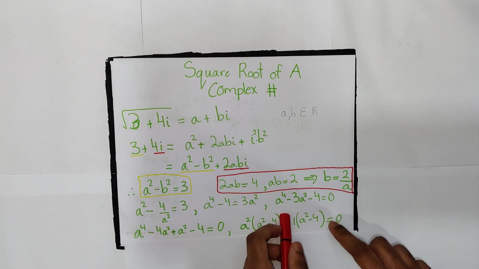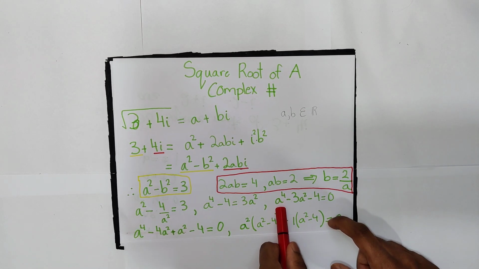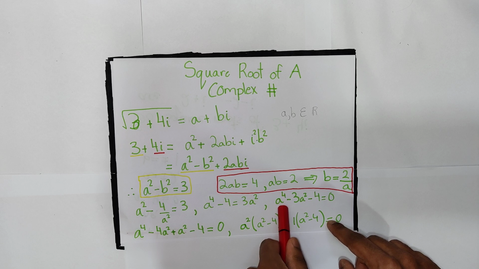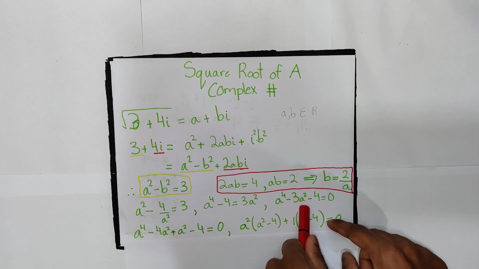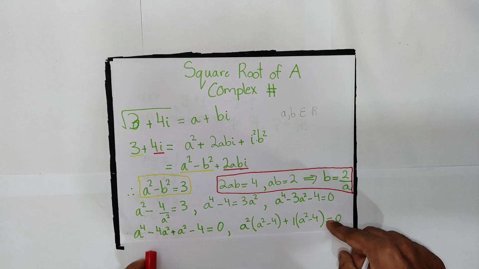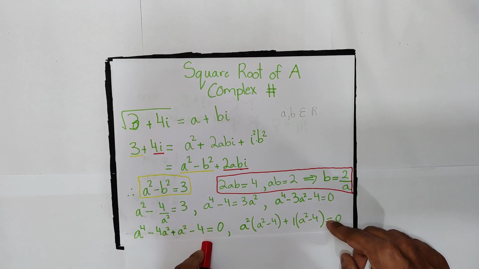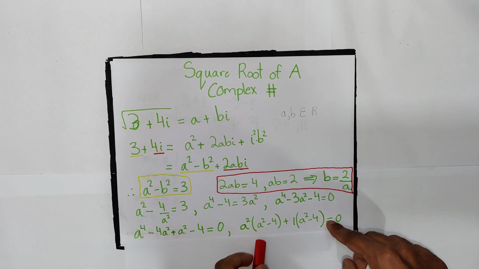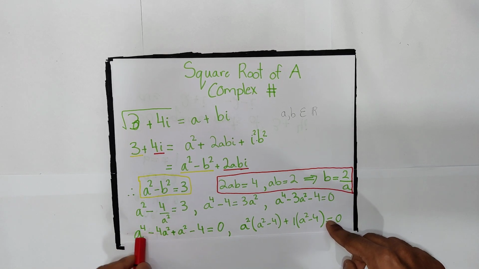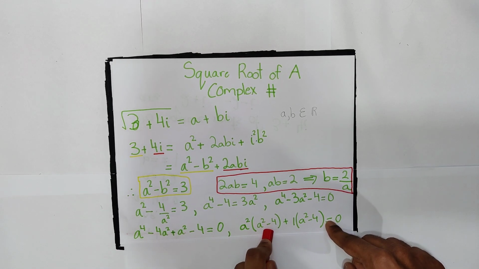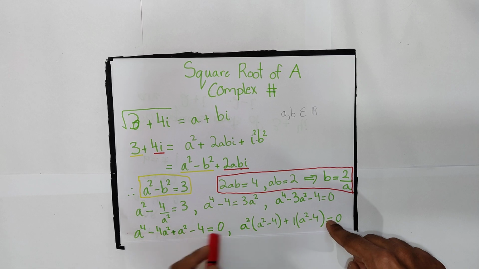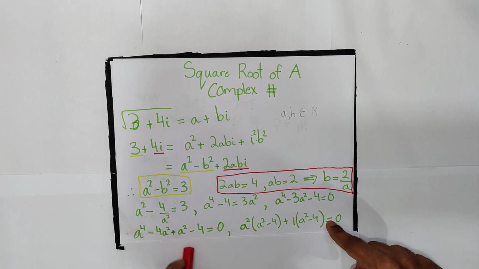We can treat this as a quadratic, as if a to the 4 is x squared and a squared is x, and we can simplify it to be a to the 4 minus 4a squared plus a squared minus 4 equals 0. We can factorize the a squared out of this to give you a squared minus 4 by a squared, and then you can just pull 1 out of this to get you plus 1 by a squared minus 4 equals 0.